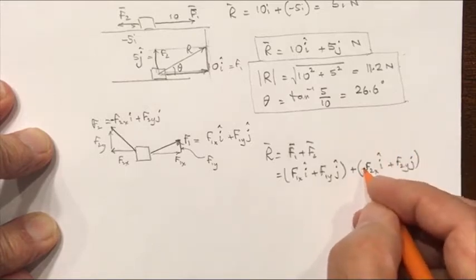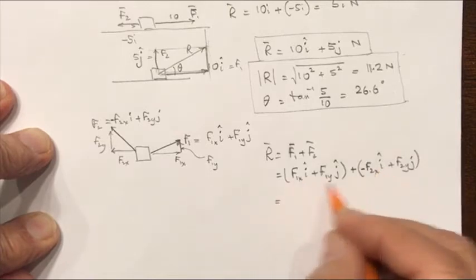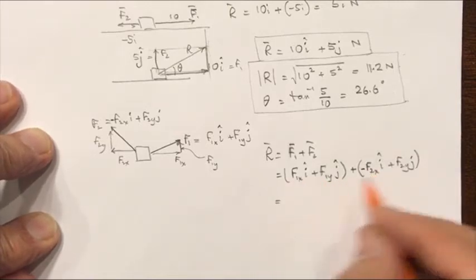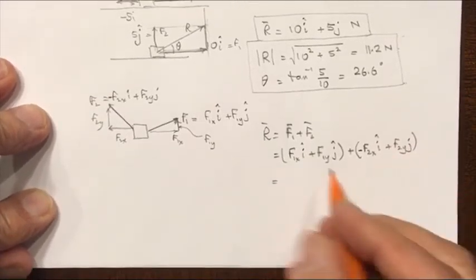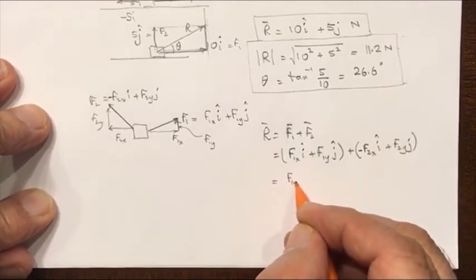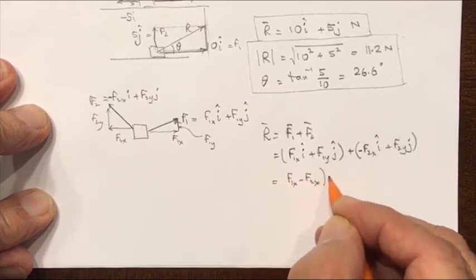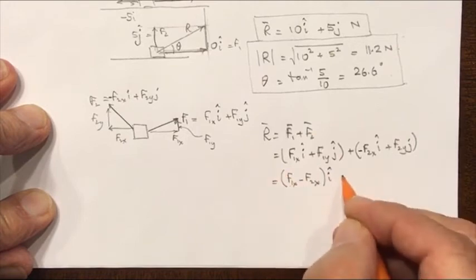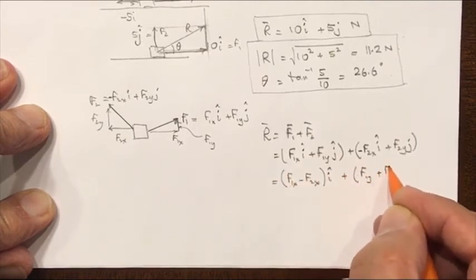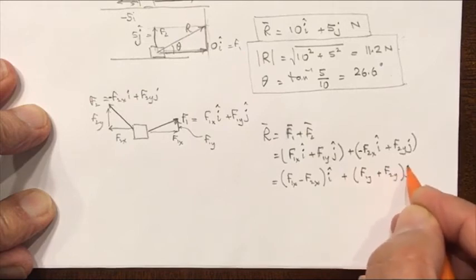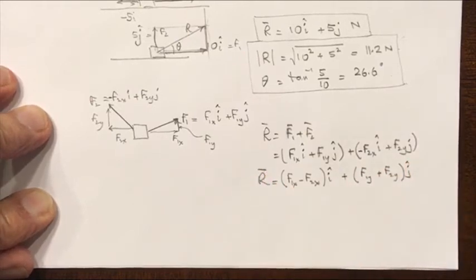In this case, we need to remember that there's a negative here. So the i can only add with an i, and the j can only add with a j. And that gives us F1x minus F2x i and F1y plus F2y j, and that would be the resultant.